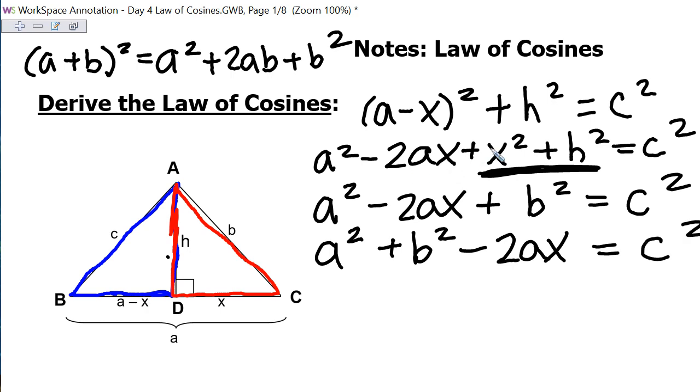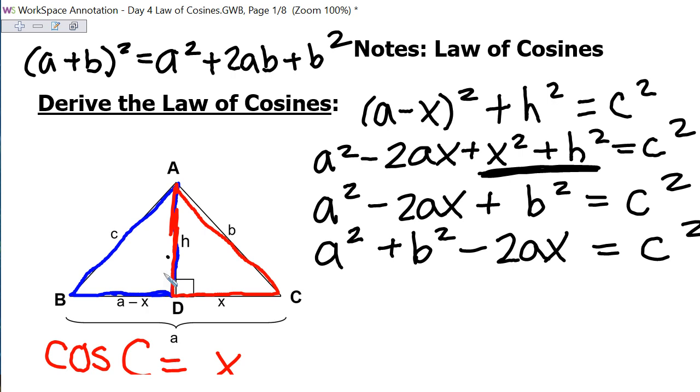Now we're almost there. Now we're going to look at this red triangle. So let me switch to red. And looking at the red triangle, I want to find the cosine of angle C. How do you find cosine? Adjacent over hypotenuse. Yeah, SOHCAHTOA. So what side is adjacent to angle C? x, and the hypotenuse is b.